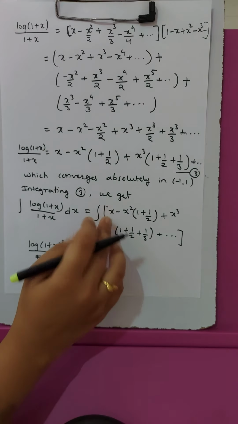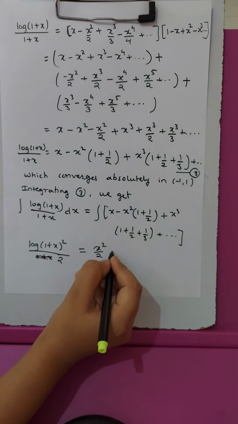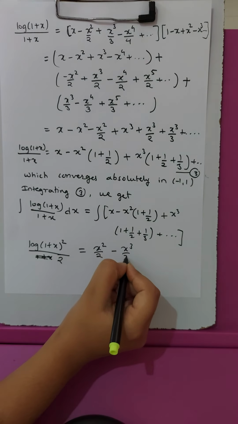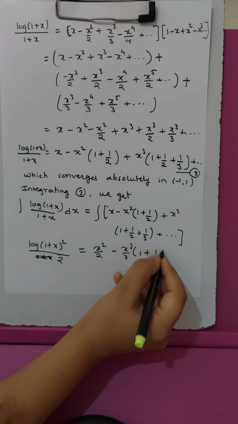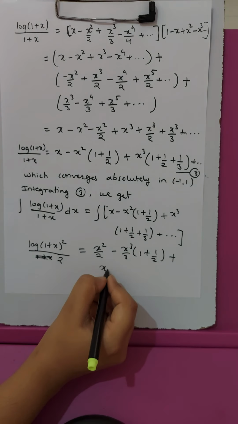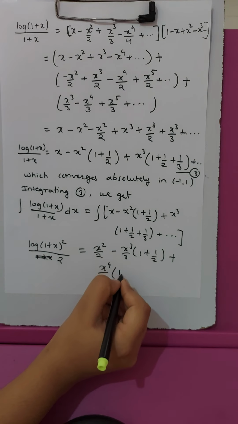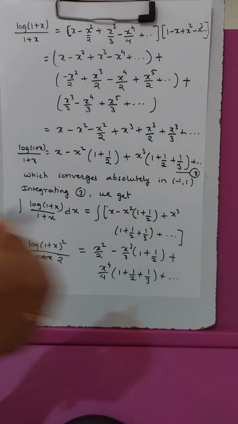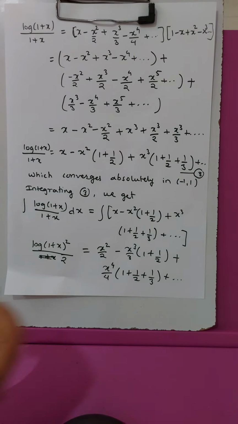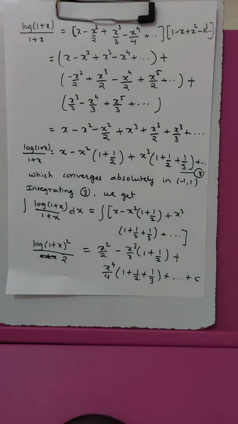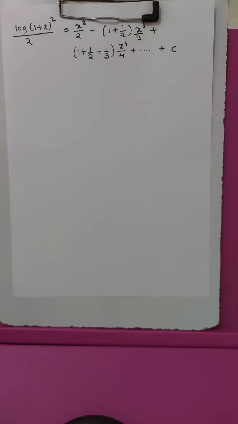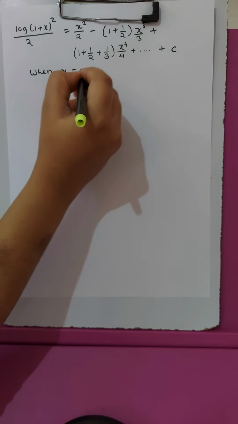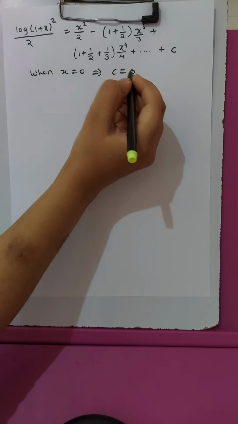And here integration of x is x square upon 2, minus integration of x square is x cube upon 3 in bracket 1 plus 1 by 2, plus integration of x cube is x to the power 4 upon 4 in bracket 1 plus 1 by 2 plus 1 by 3 plus up to so on. And also we get the constant of integration c. Now when we take x equal to 0, we get c equal to 0.